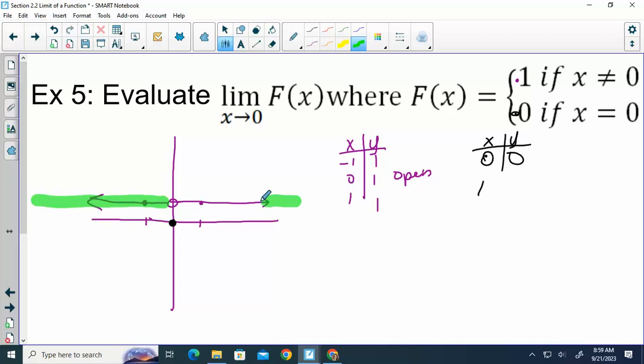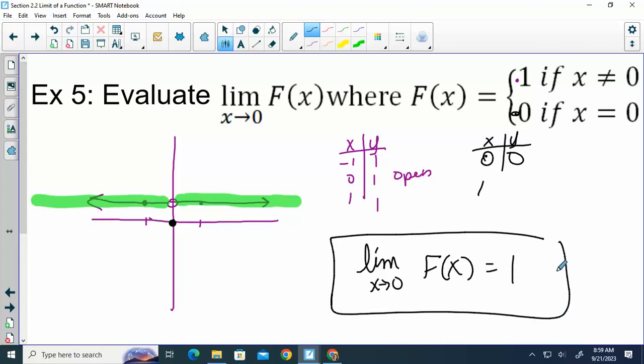As I come in from the right, what y value am I approaching? 1. So my limit as x approaches 0 of this function is 1. Doesn't matter where the point is, it matters if you're traveling on the graph, where are you going to end up?